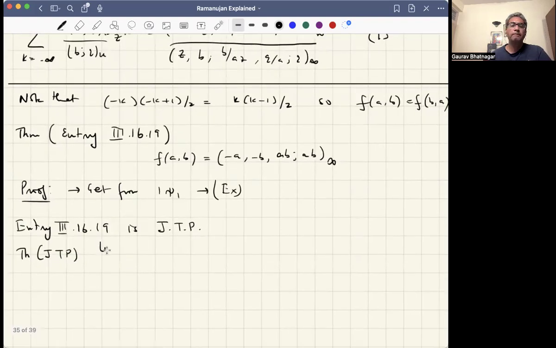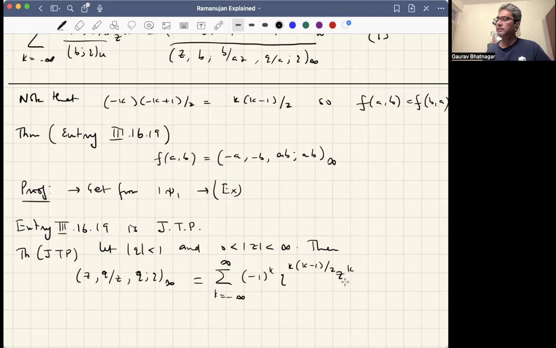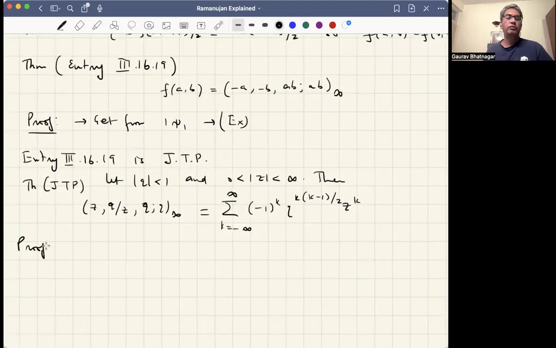Let q be less than 1 and z not 0, then minus zq, minus q over z, q infinity is equal to the summation k going from minus infinity to infinity of q raised to k squared minus 1 over 2, z raised to k. For the proof, I can indicate: take A going to minus z and B going to minus q over z, so AB is equal to q.